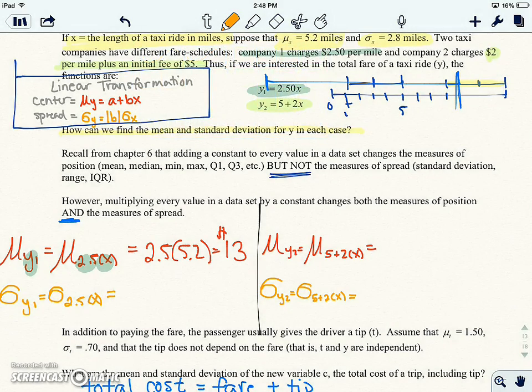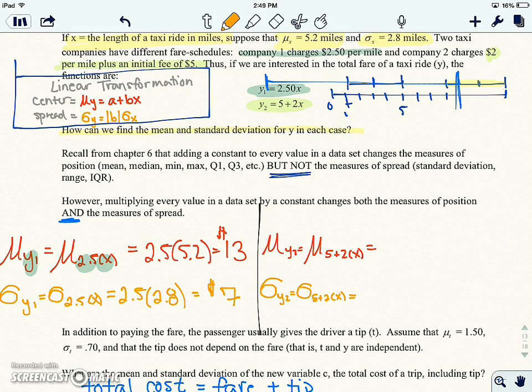For our standard deviation, that's just 2.5 times the standard deviation in miles, 2.5 times 2.8, and we get a standard deviation for Company 1 of 7.